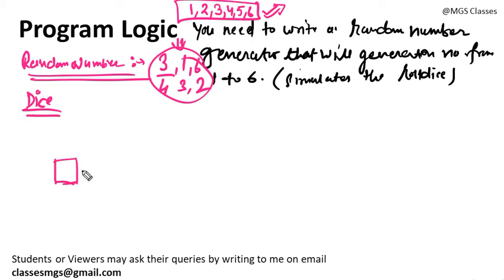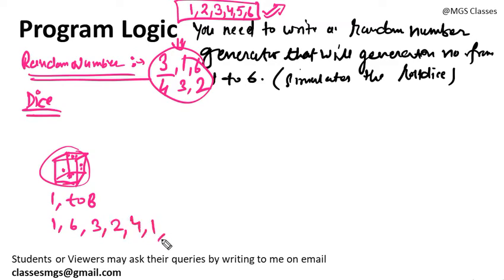If you see a dice, it has 6 numbers on it, and if you roll this dice, any number from 1 to 6 may come. First time 1 may come, next time 6, next time 3, then 2, 4, 1, 6.